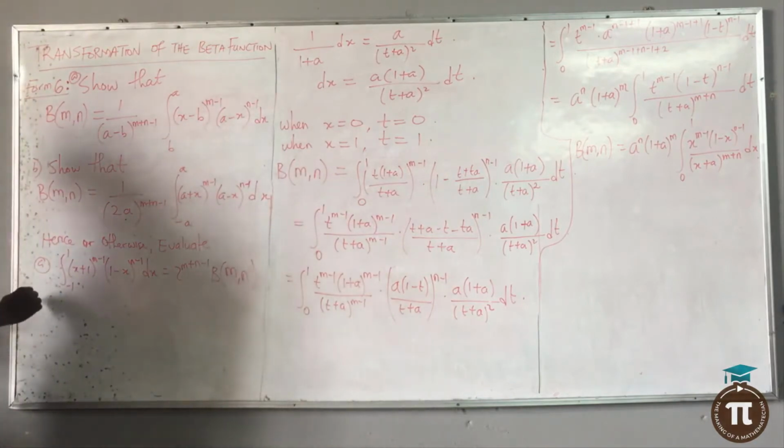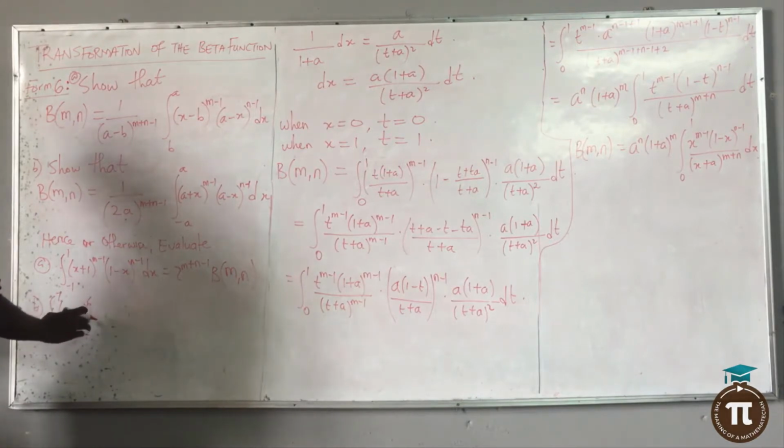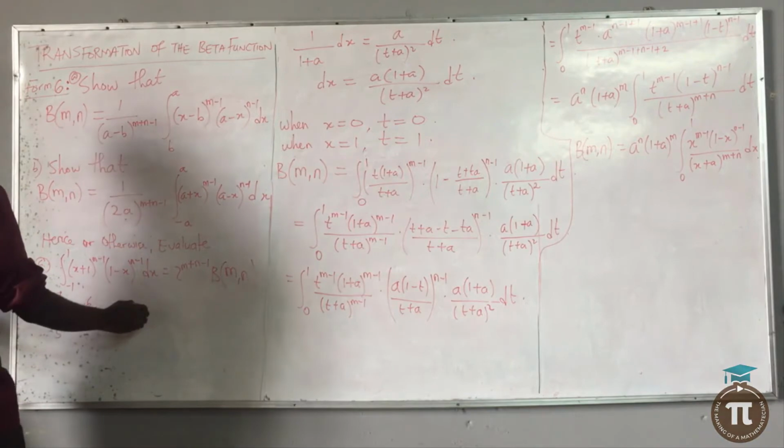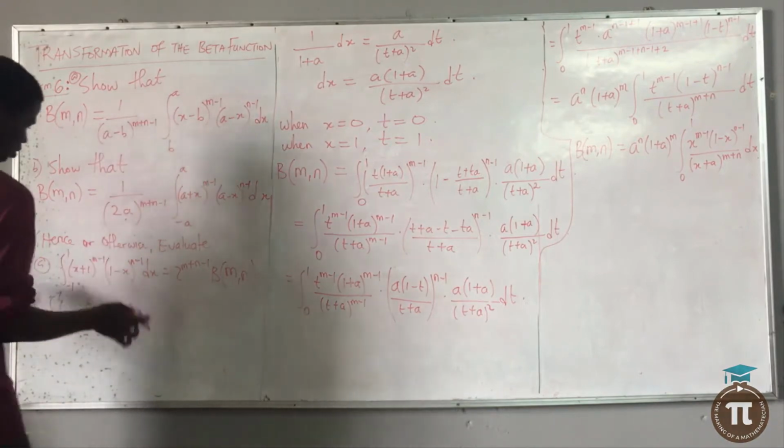And the second one, we want to evaluate integral from 5 to 7 of x minus 5 raised to the power 6, then 7 minus x raised to the power 3 ds. We want to compute this.